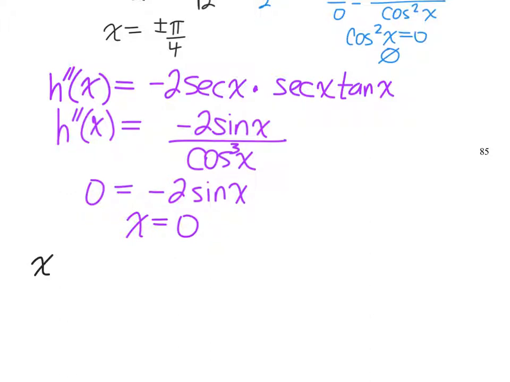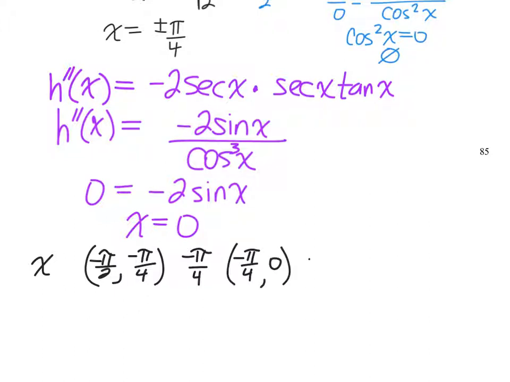we have x, -pi/2, excluded, to -pi/4. Stop, take a look around at -pi/4. -pi/4 to 0. Stop, take a look around at 0. 0 to pi/4.